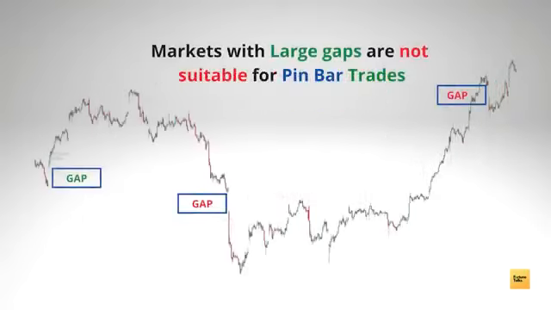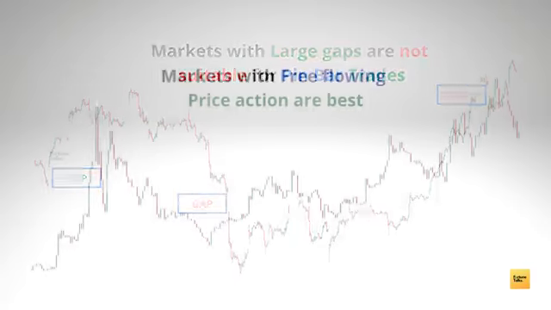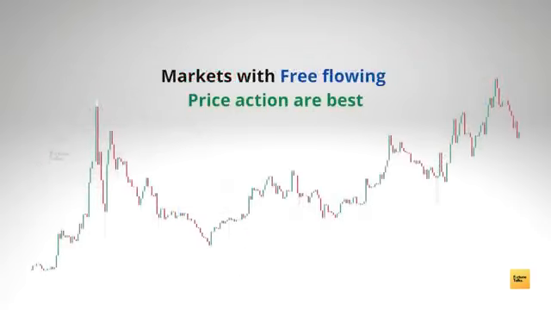But markets such as individual stocks that can often have large gaps like gap ups or gap downs are not ideal for pin bar trading. Instead, the markets which are fast and free flowing with smooth price action are actually good for pin bar trading. So markets like Forex, crypto, etc. are the best candidates for this particular strategy.